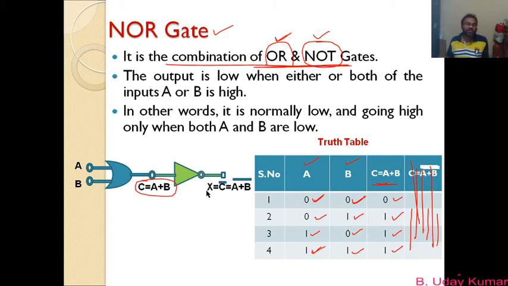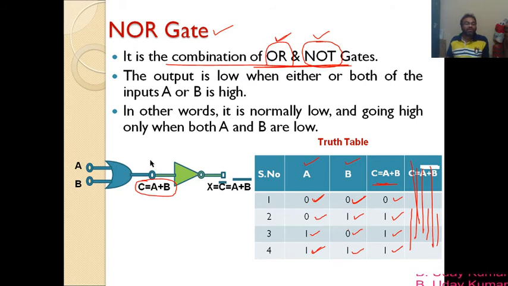But you know that C is equal to A plus B, so I can write its output as (A plus B) bar also. I can mention this with some other symbol, which I have taken here as X. Remember, C is the output of the OR gate and input of the NOT gate, but C bar or (A plus B) bar becomes the output of the NOT gate.